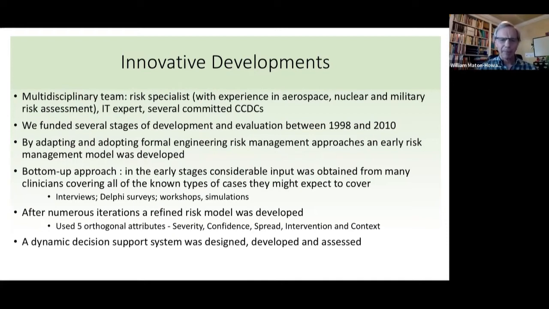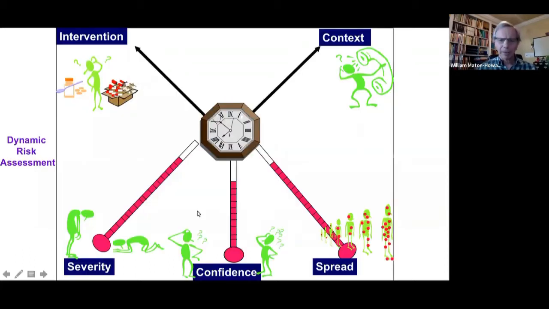And if we move on to a broad overview of how this system eventually looked, bear in mind that there were many iterations to reach this point, but eventually, after 3 or 4 years of workshops, a clinical consensus was approached by consulting with the whole range of CCDCs operating around in England to develop this core dynamic risk assessment model, which has 5 key attributes.